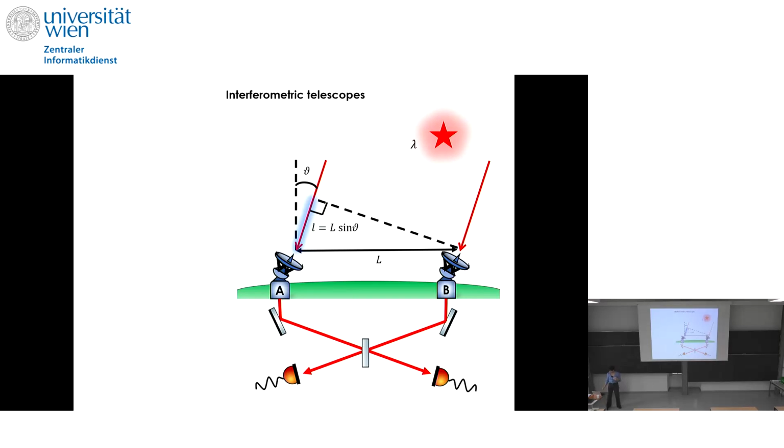So this will give rise to a relative phase shift, phi, which is proportional also to the distance between the two receivers. And through this relative phase shift, we're able to get information on the star position, because this also depends on theta, the geometrical angle at which we receive the light. So it will carry information about the position of the star compared to the baseline of your apparatus.